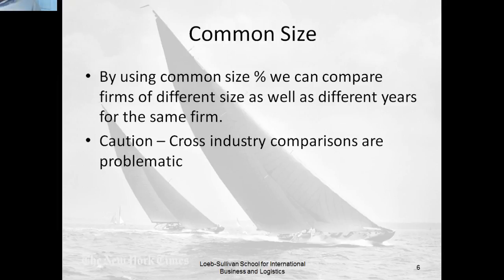Railroads have huge amounts of long-term capital assets, rail beds, rolling stock, rail yards, locomotives. Software firms have almost no capital stock, long-term capital investment other than some office buildings. So there's no way to really compare those two industries.